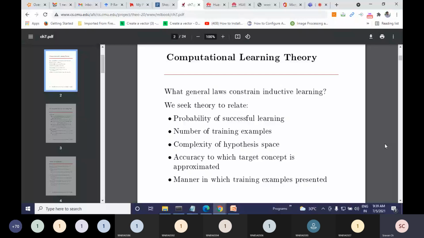If you remember, from the beginning we were using the words concept learning or inductive learning, right? Inductive learning means a machine learning model will try to learn from some training examples, and then it will try to predict or work on the unseen data, unobserved data, or test data, right?